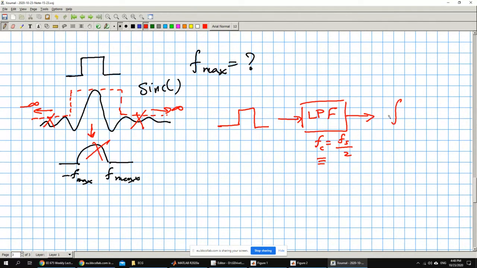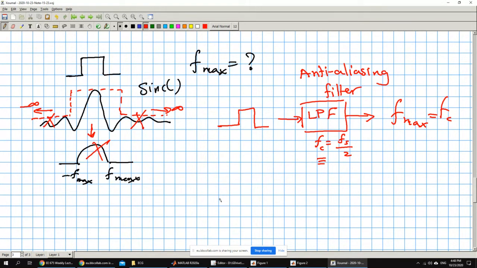So after I do that, F maximum will be F cutoff, and twice F cutoff will be the F sampling that I need. This is traditionally called an anti-aliasing filter. It is implemented in pretty much all analog-to-digital converters available in the market.